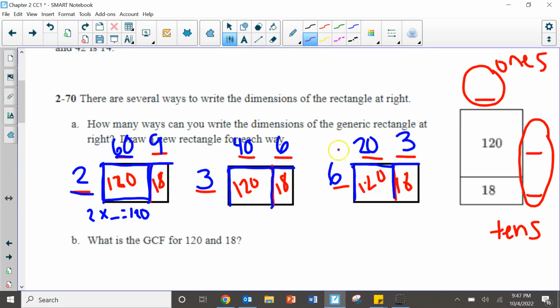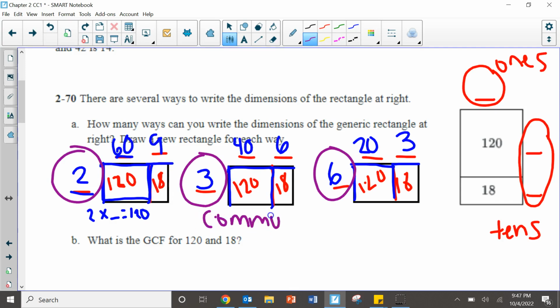So the common factors of these two numbers were these right here. Goodness, that looks terrible. I apologize. Common factors.